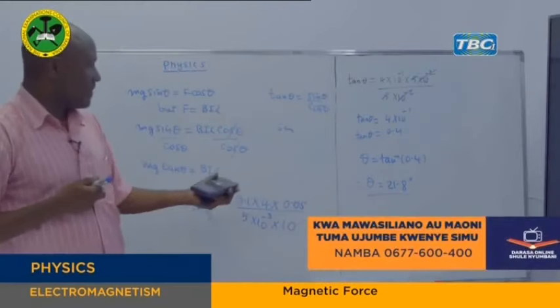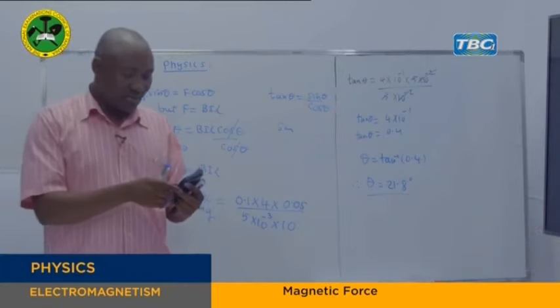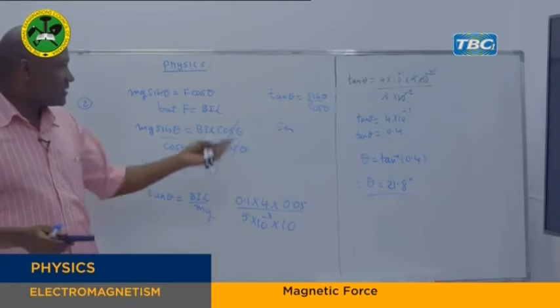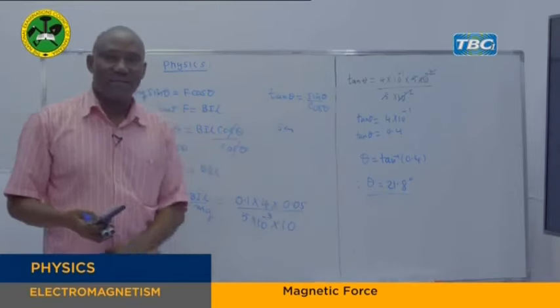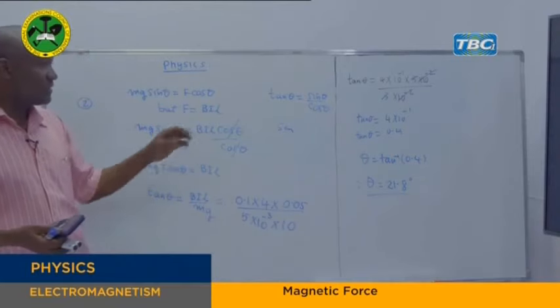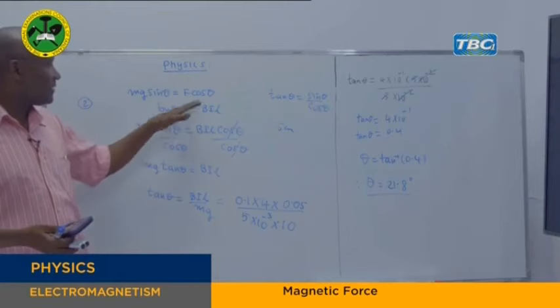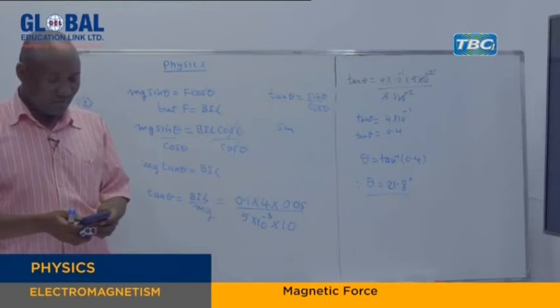Okay, that is the angle at which the bar must be raised so that the bar x should remain stationary. So can you see that question? It's very interesting. It is connecting mechanics and electromagnetism. So you might be given a question of that quality where you're supposed to apply different concepts, resolving the forces so that you come up with the final answer.